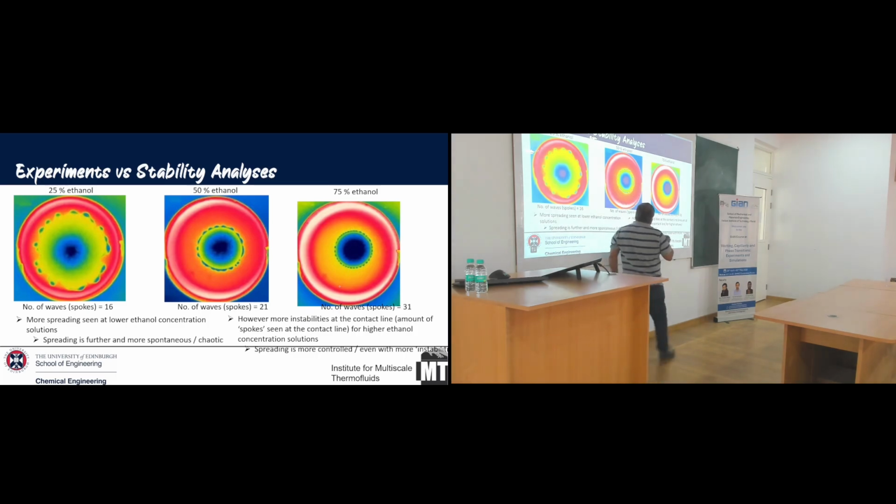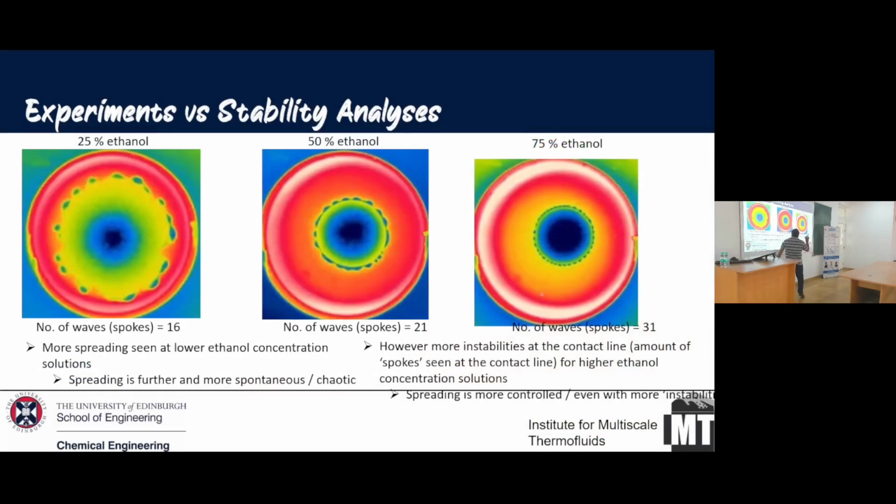In some systems, I think water-butanol, these spokes also start rotating. It's a very funny thing. So you have a kind of azimuthal current which is set up. We try to control this as much as possible with water-ethanol.